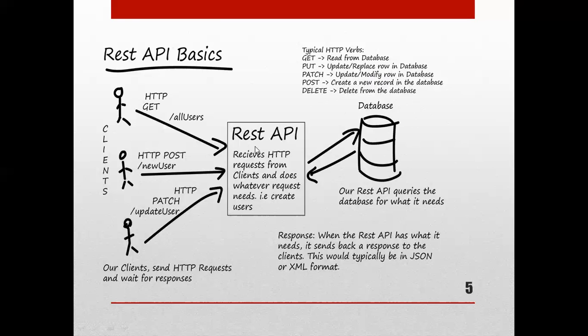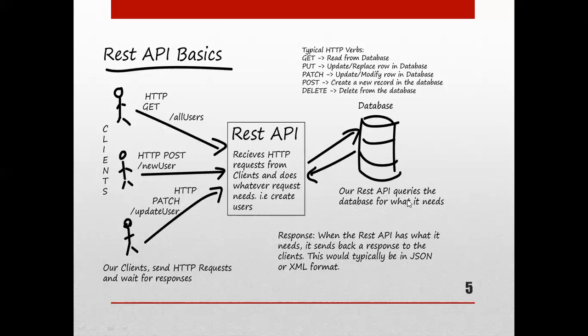Here you can see the REST API. It receives HTTP requests from the clients. It receives the request from these clients and does whatever the request needs. For example, if you want to create a user, then you can send the request in the form of HTTP post, new user.